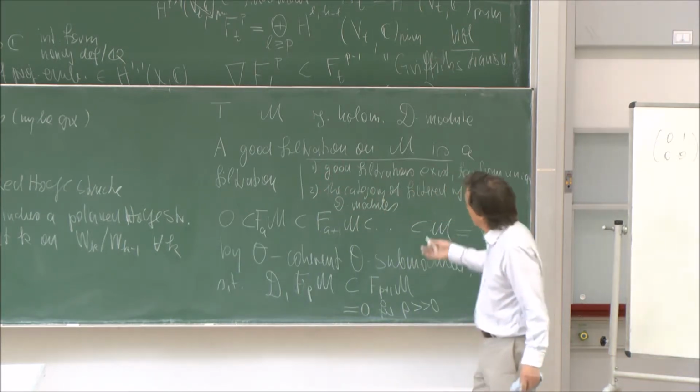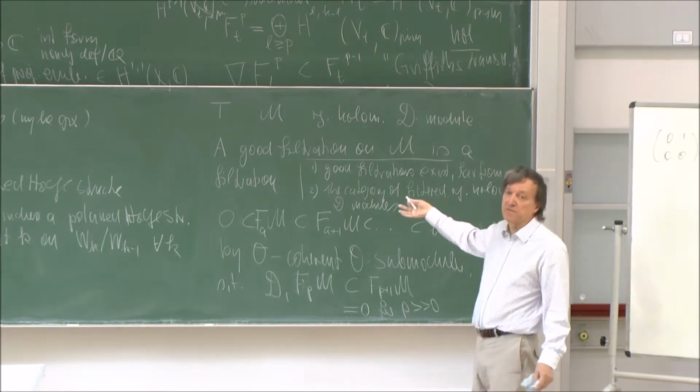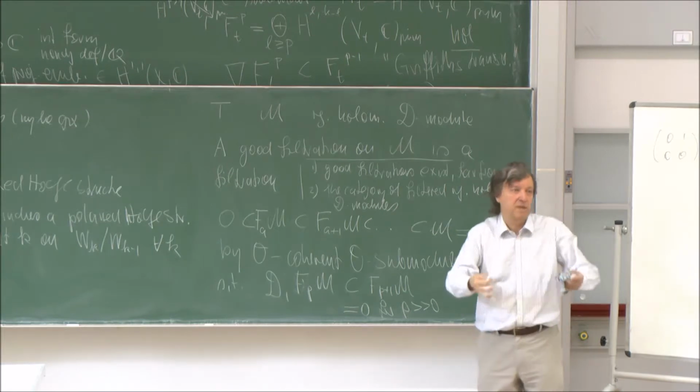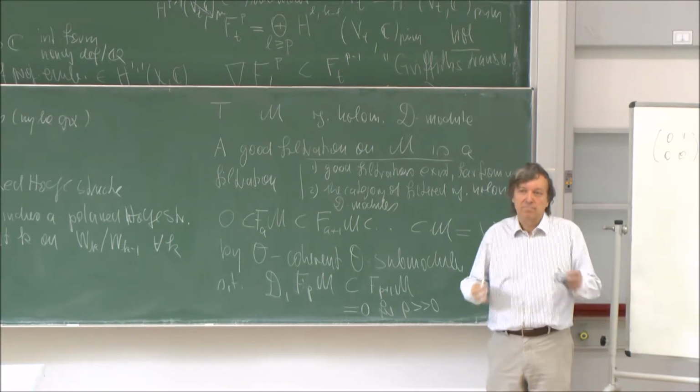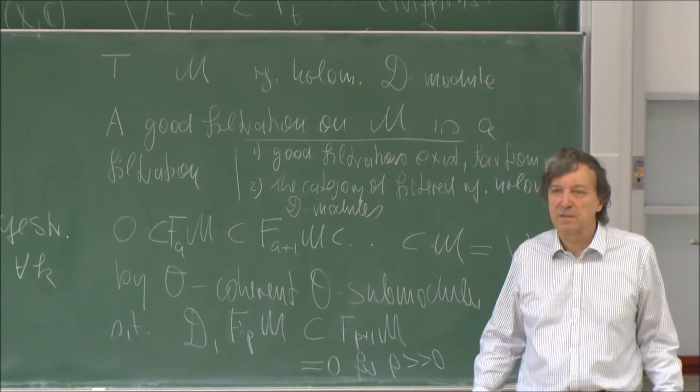What would I mean by that? Well, I would mean that you look at D modules together with a specific filtration. And so that's a category. Morphisms have to preserve filtrations. That's part of the condition.